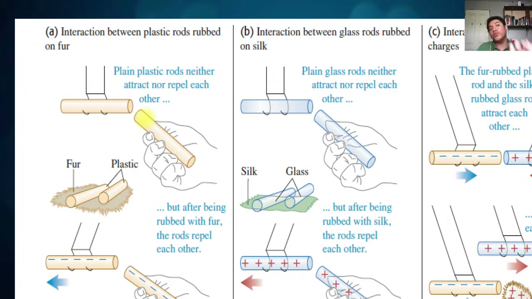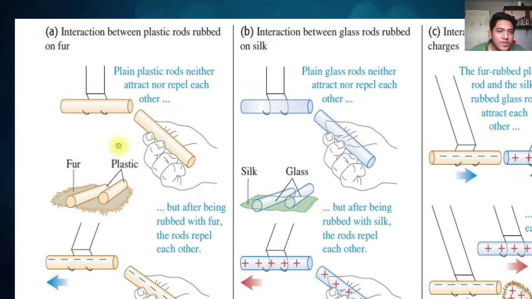Why? Because these two plastic rods are not charged. The requirement for repulsion or attraction is that they must have a definite charge. If they have the same charge, they will repel. If they have unlike charges, they will attract.